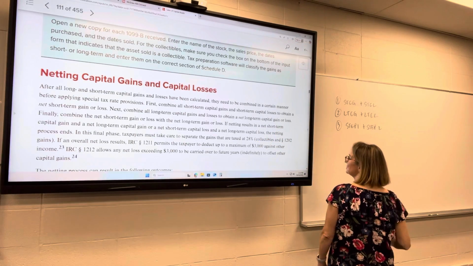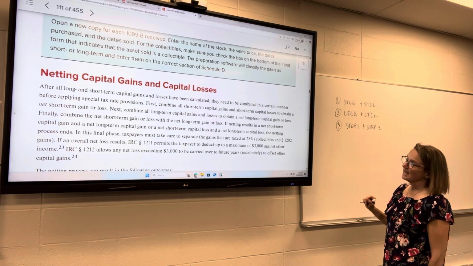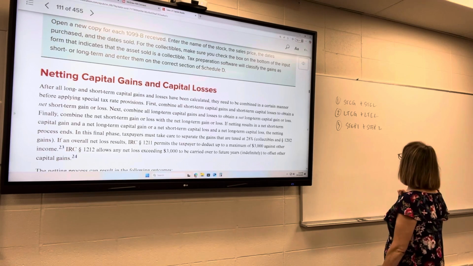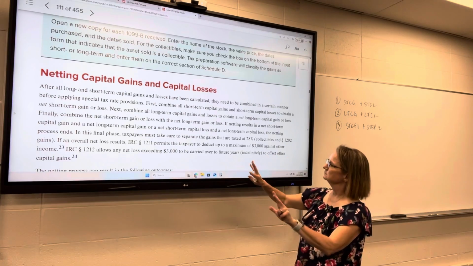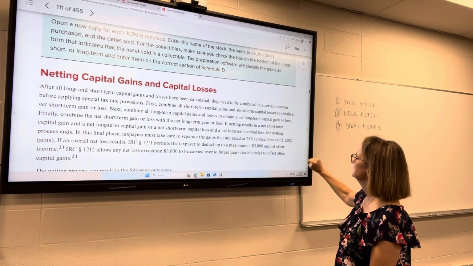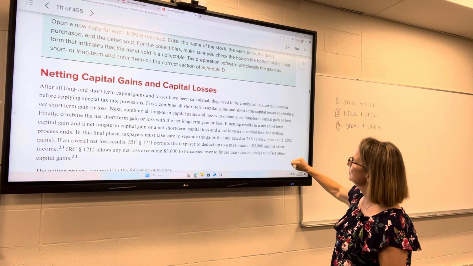If the net result is a short-term capital gain and a long-term capital gain, wait a minute, hold on. Combine the net short-term gain or loss with the net long-term gain or loss.